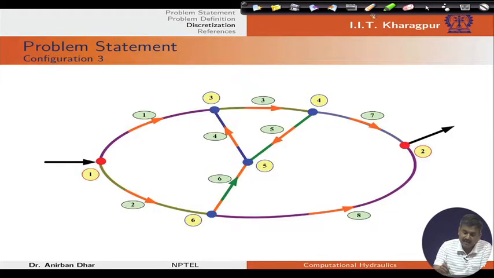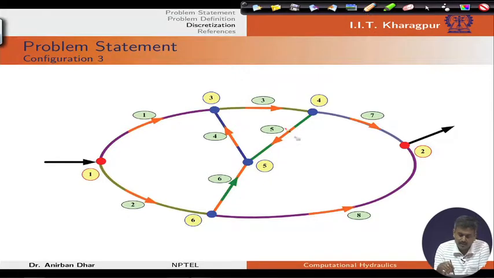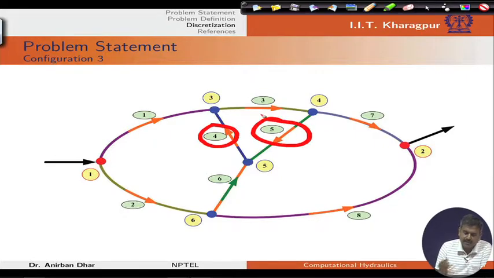Now, let us consider, or let us disturb this flow system for this channel reach 4 and 5. If I change the flow directions, now in this case I am considering the flow is from 5 to 3, and in this case I am considering for channel reach 5 it is 4 to 5.